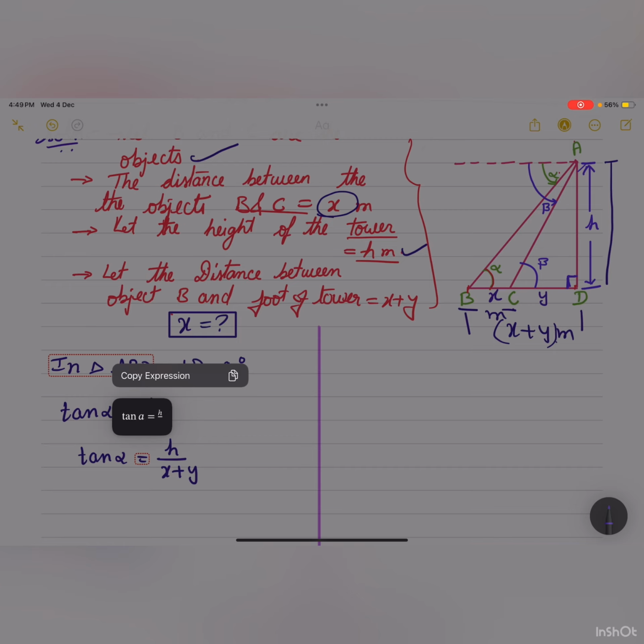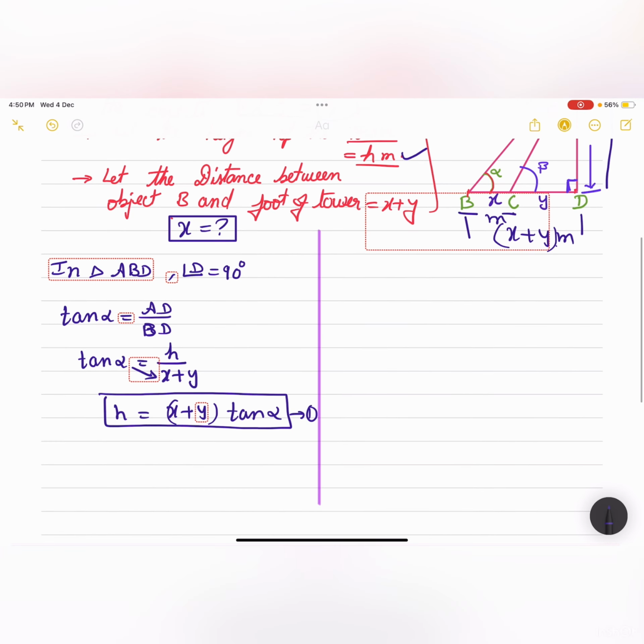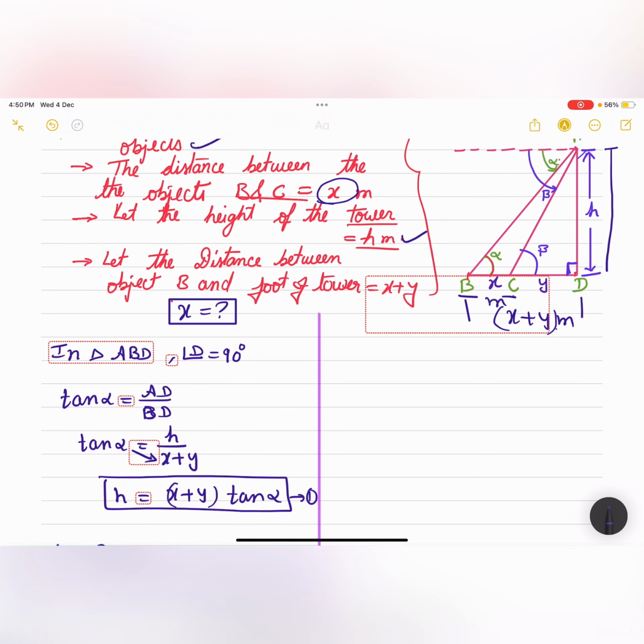Now h will be equal to x plus y into tan alpha. We are cross multiplying it. Let me take this as equation 1. Now we have the next triangle, that is tan beta, from the triangle ACD.